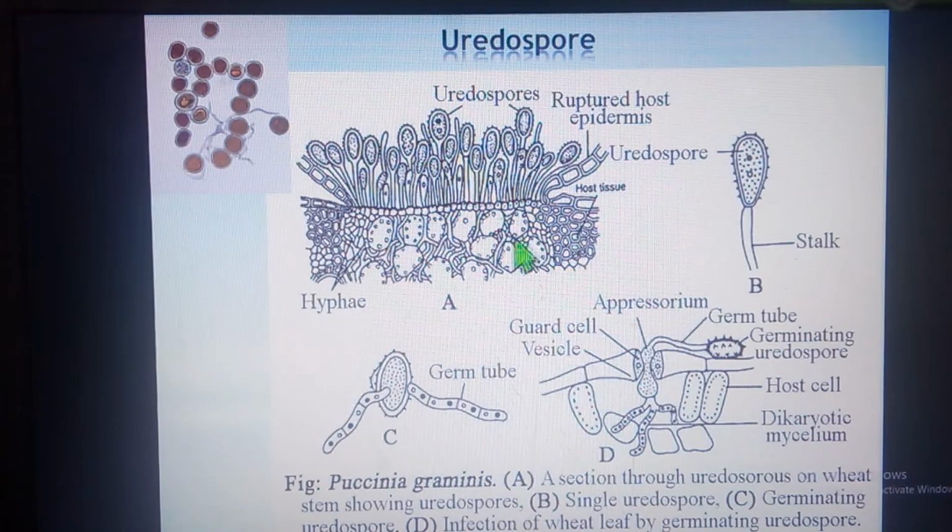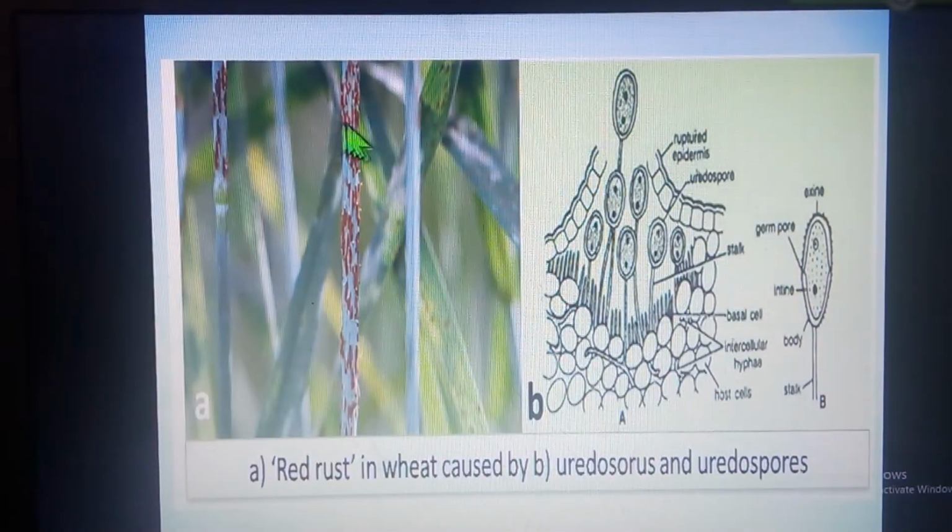Now these uredosori appear in the form of reddish brown pustules, just like in this figure I have shown. These are the uredosori which form due to the development of the urediospores under the epidermis.